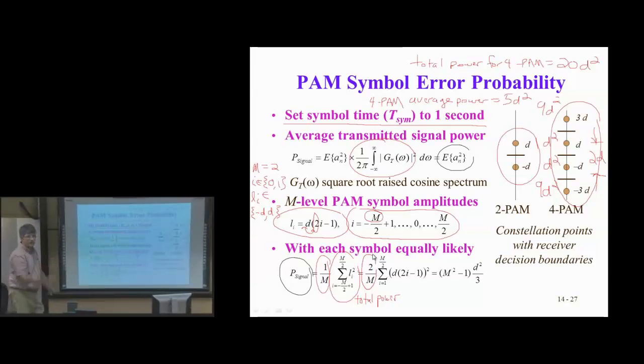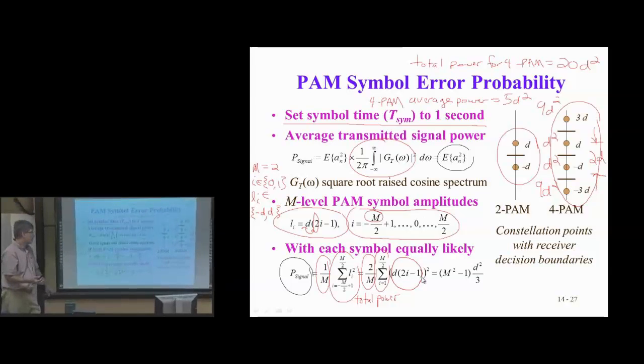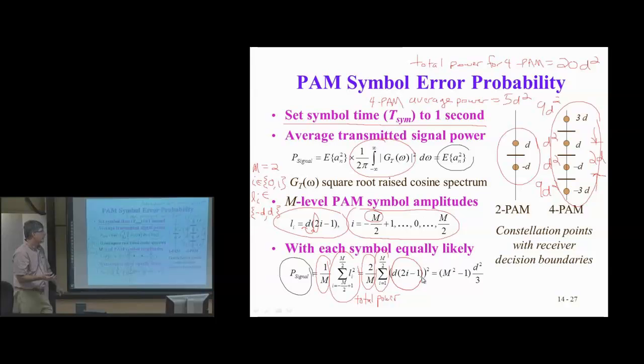That's the upper half; I could have done the lower half just as easily. I plug in the formula for L sub I and take that squared. Since the symbols are equally likely, the total power is just the sum of the symbol amplitude powers, and then I divide by the number of levels.